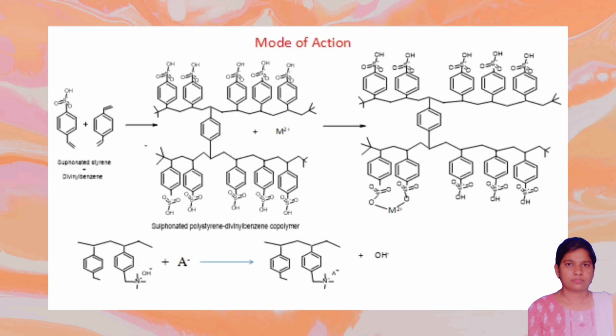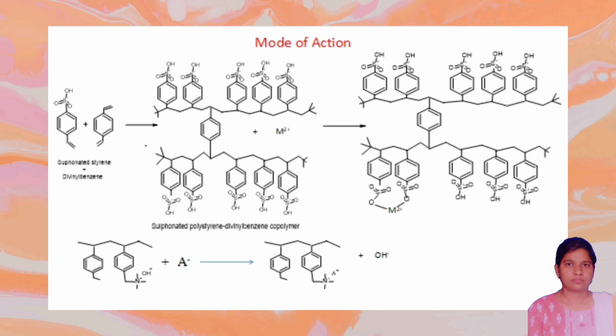Mode of action. Polystyrene divinyl benzene copolymer. Upon sulfonation, we will get sulfonated polystyrene divinyl benzene copolymer. When a solution containing metal ions is allowed to pass through this resin, the H plus ions of the resin are replaced by the metal ions.